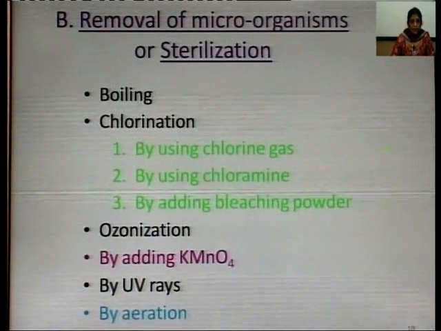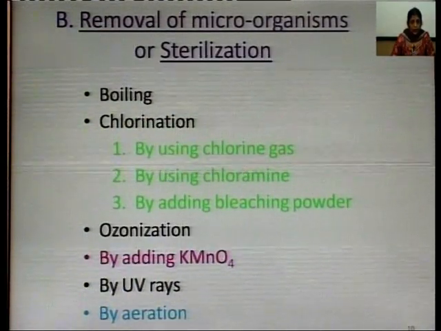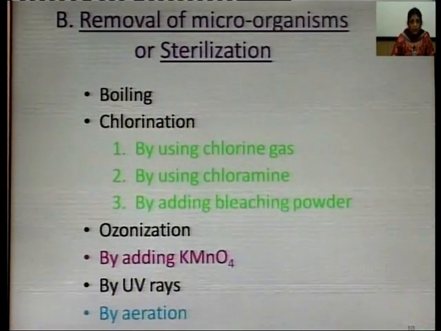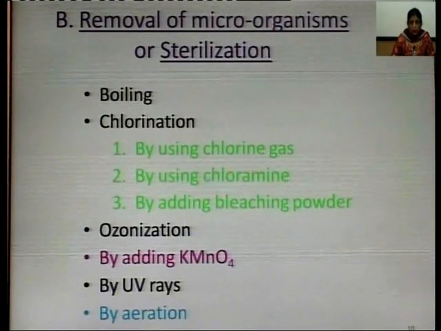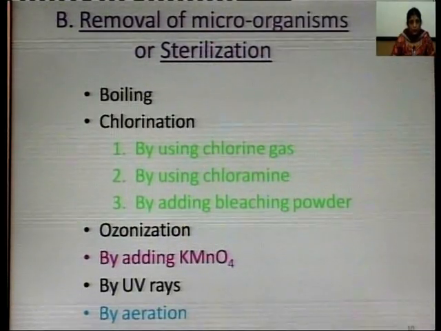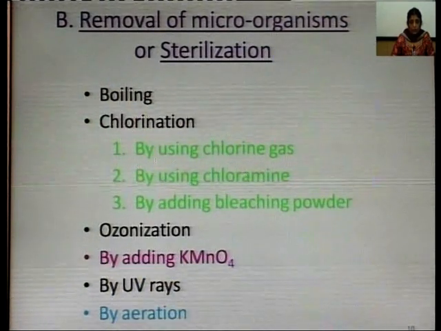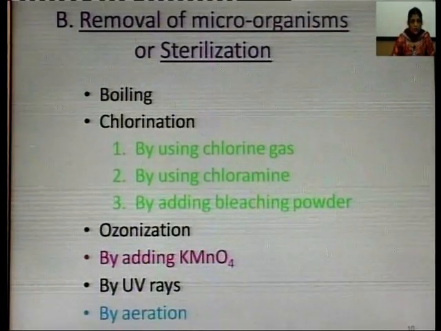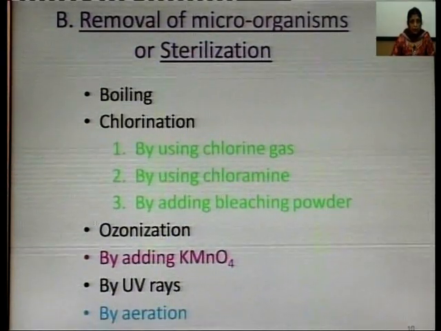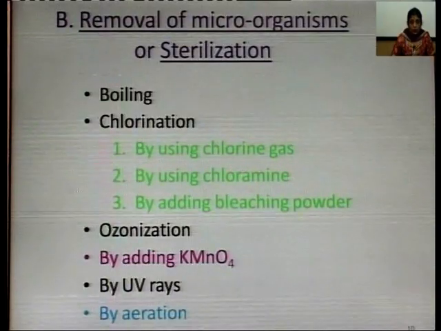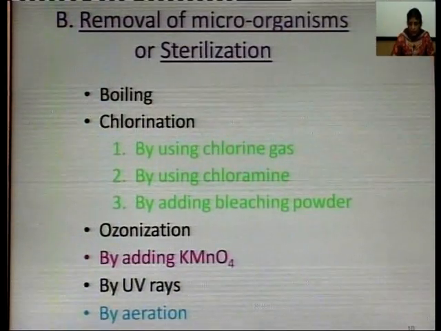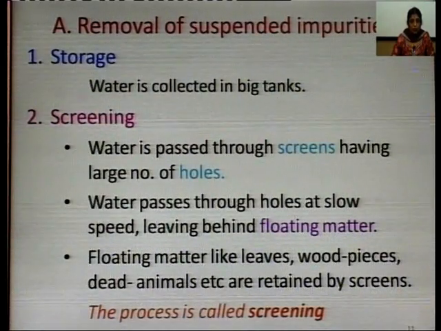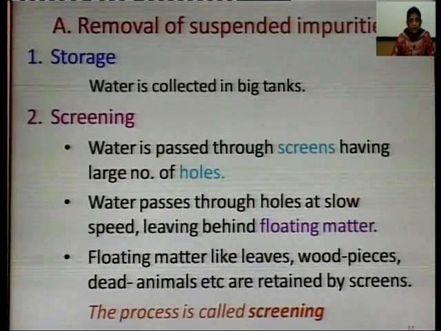Under this heading, we can treat water by boiling, by chlorination, and under chlorination, we can sterilize water by using chlorine gas, chloramine, or by adding bleaching powder. Sterilization can also be done by ozonization, by adding KMnO4, by UV rays, ultraviolet rays, or by aeration.